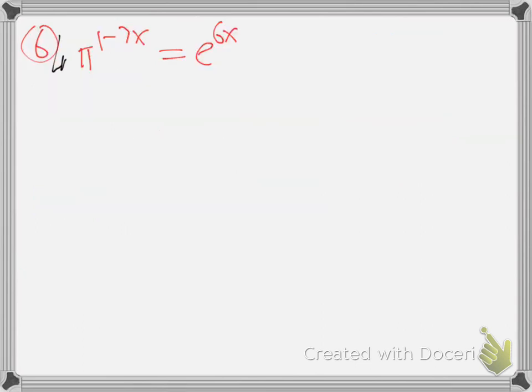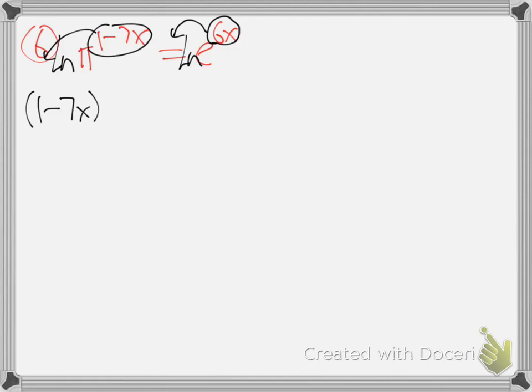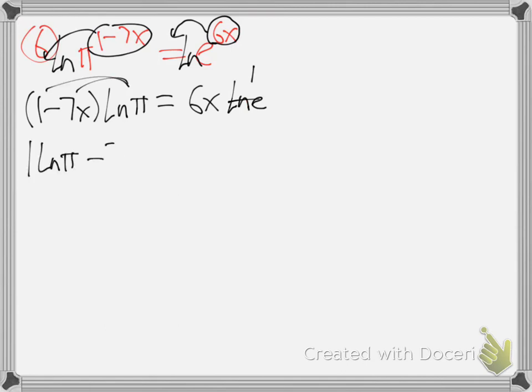Okay, this is the same kind of thing. We got x in the power zone, so I'm going to go ln of both sides. Power comes down. ln e is just 1. So distribute here. 1 ln pi minus 7x ln pi is 6x. Okay, so same kind of thing as the last problem. We have x in two places.